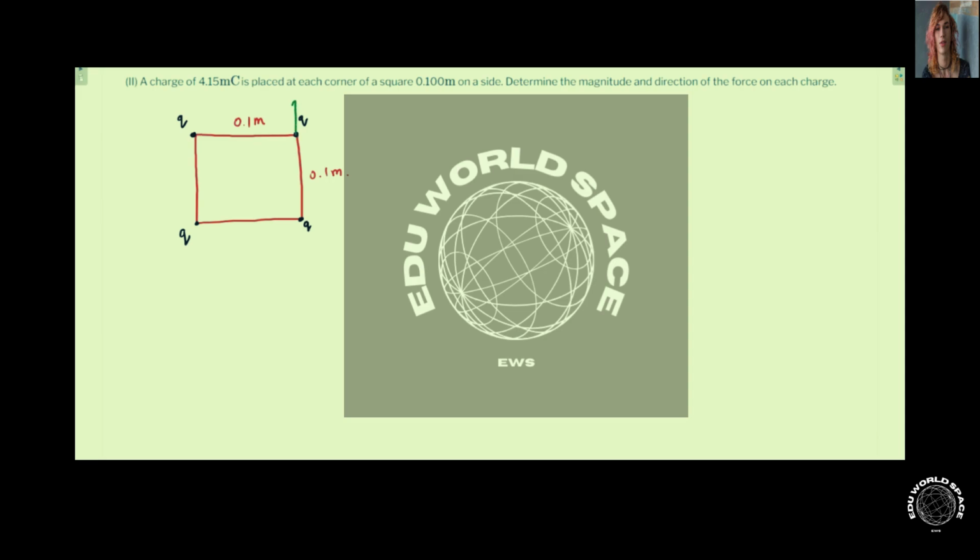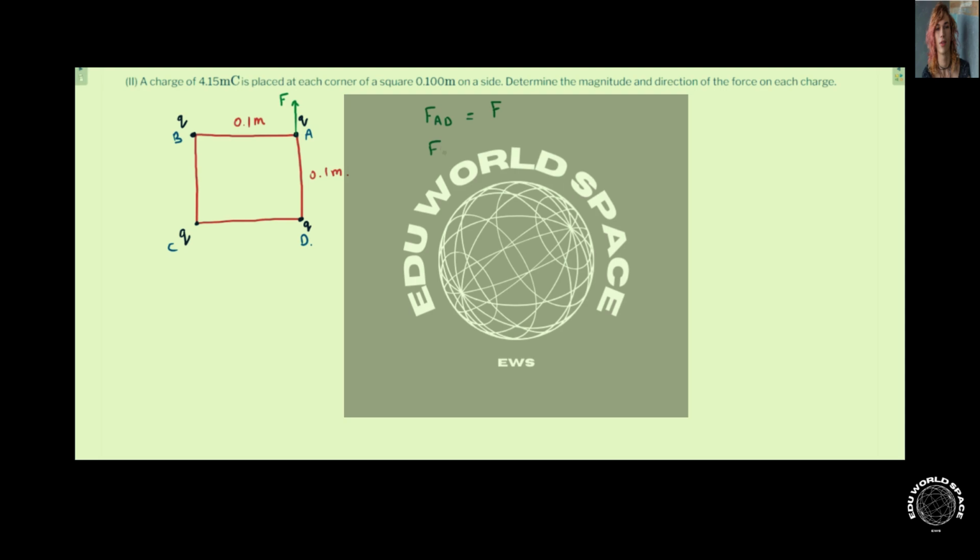Let's mark these for better clarity: we have this position at A, this one at B, this one at C, and this one at D. So the force on A due to the charge at D, if that's F, is going to look like this.